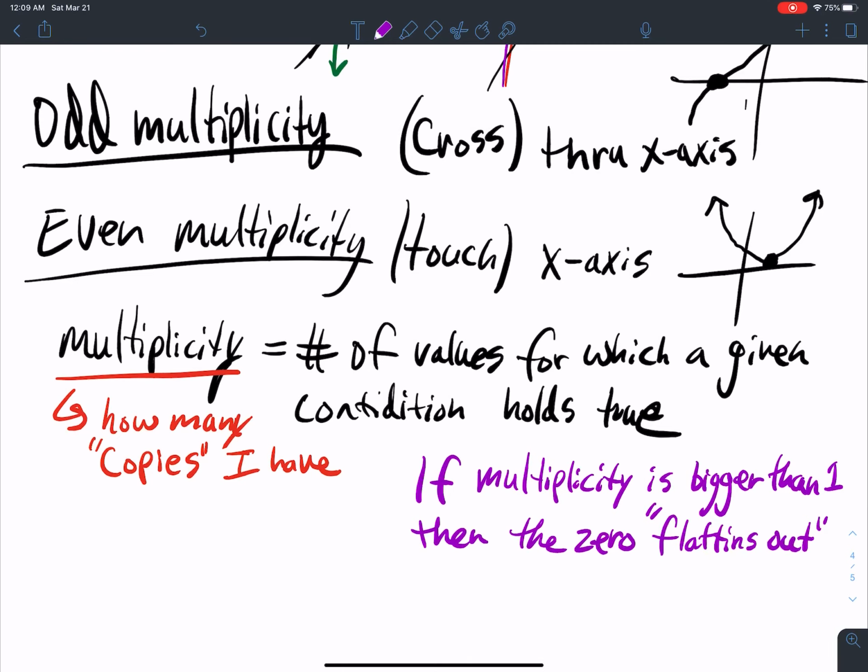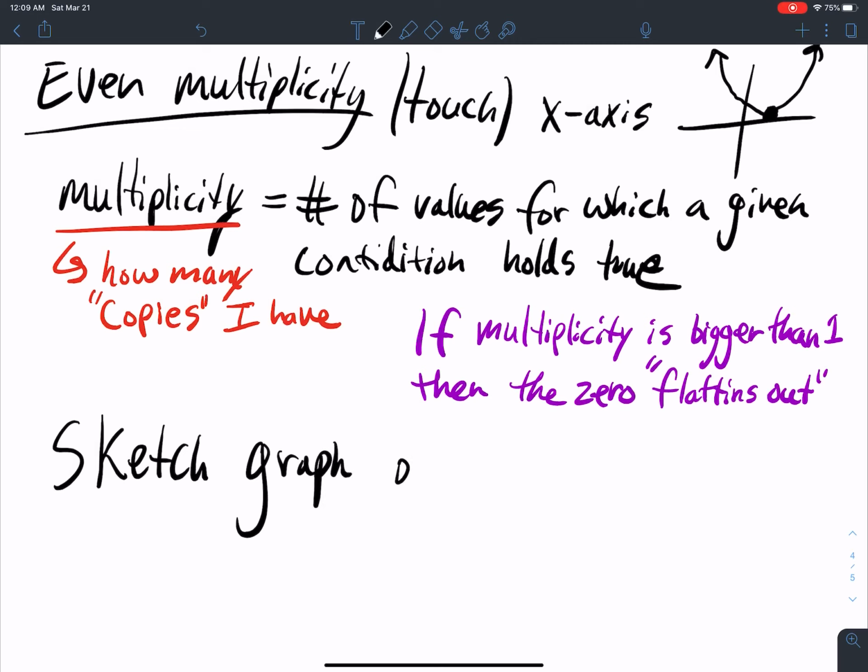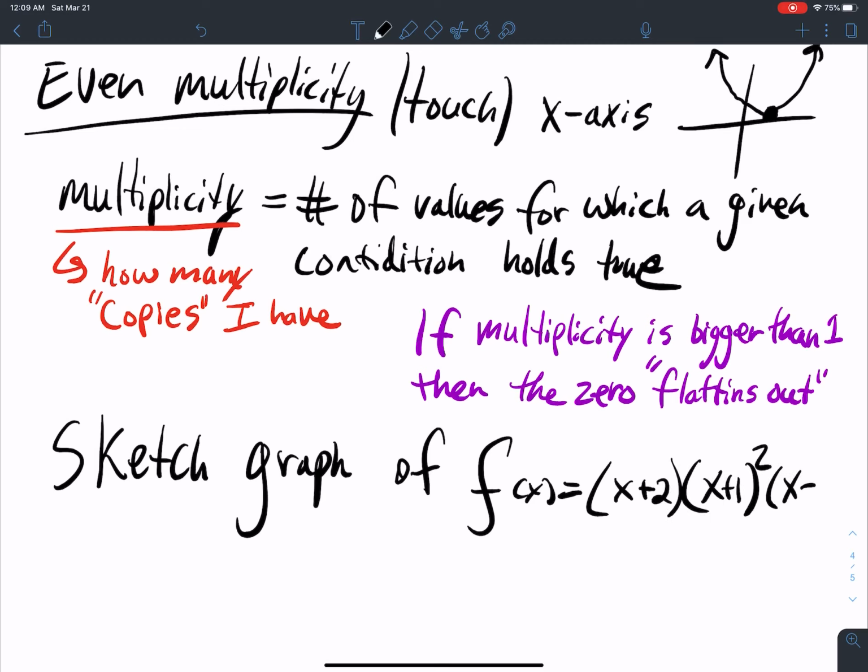So this last problem here is going to summarize what we've done, okay? So I want to sketch. Oh my goodness. I'm going to spell that right at some point. Sketch the graph of f of x equal to x plus 2 times x plus 1 squared times x minus 3 cubed.